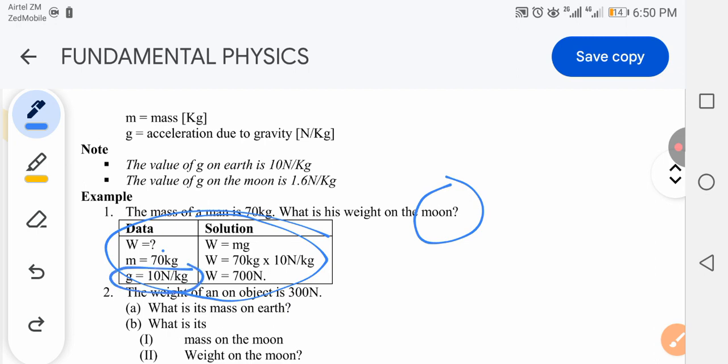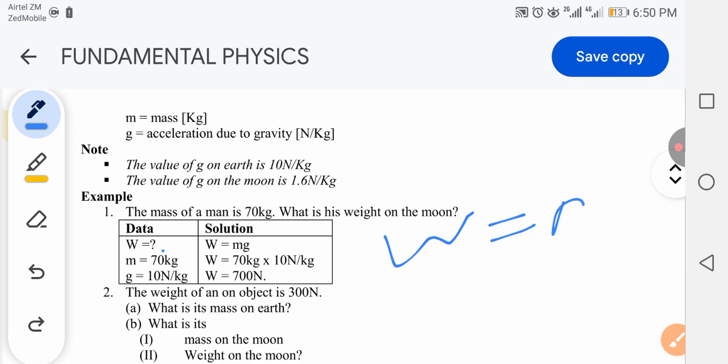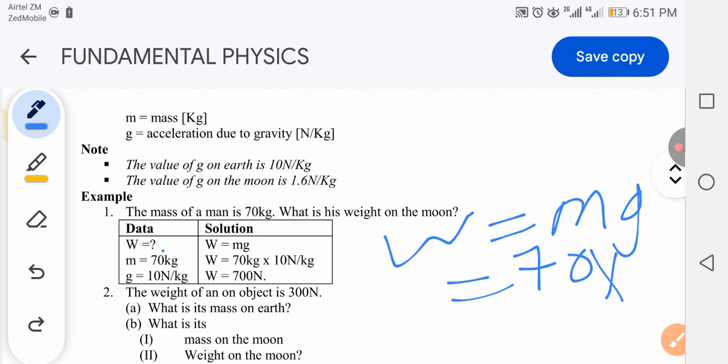So if you want to solve this correctly, you can simply say, weight is equal to mg, right? Then looking at the data given, the mass of the man is 70 kg. You multiply it with the gravity. But be careful when choosing the gravity. Look at where the question is asking: is it on the moon or on the earth?